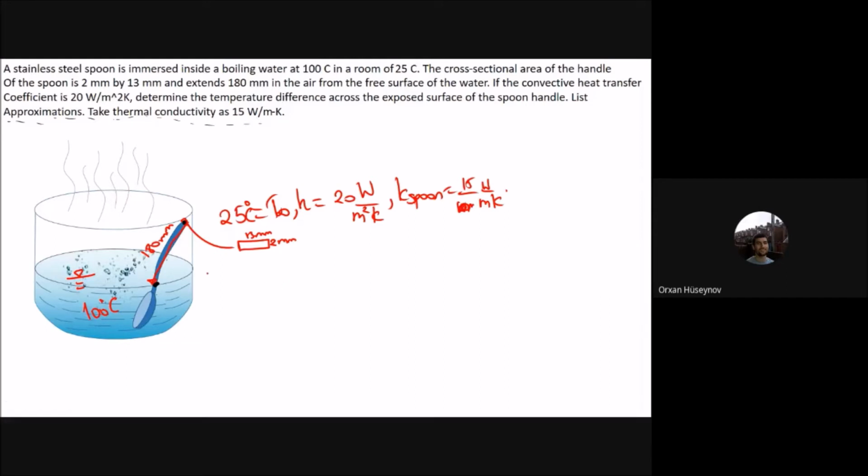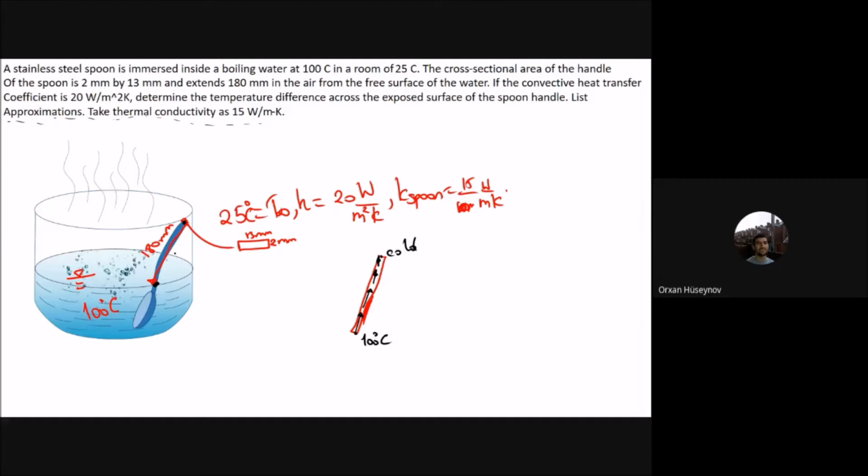The approximations are the famous fin approximations. If this one is the spoon, let's assume that this one is a rectangular spoon. The first approximation is that the heat transfer occurs in only one direction. So this part is hot, 100 degrees Celsius, and this part is cold. We are assuming that heat leaves the spoon in only one direction, this part. This is the direction that heat leaves the spoon, only in one direction.